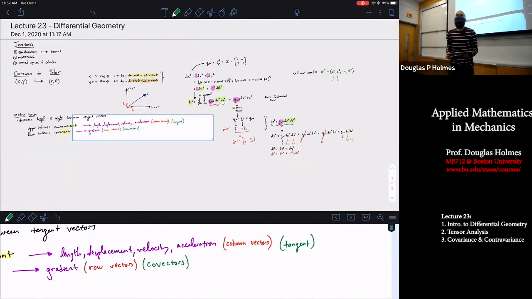So how is the gradient a covariant tensor? For me, perhaps the simplest way, and it's not as simple as the velocity example, is to think about a contour map. A contour map is usually drawn with circles or contours.